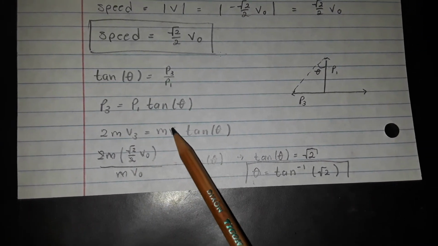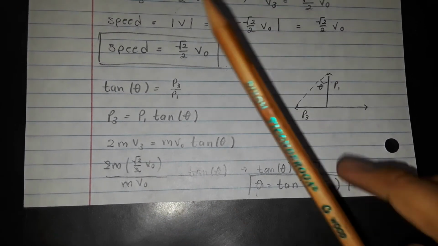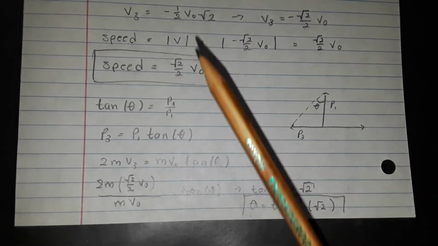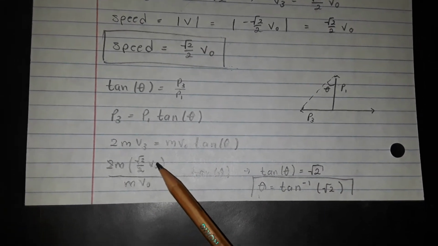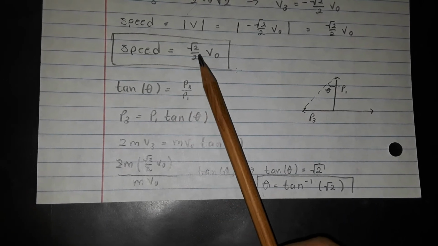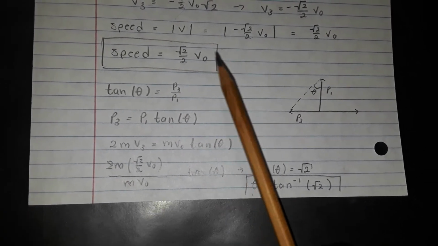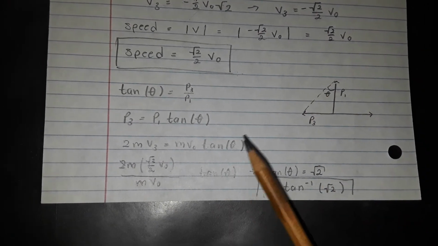We divide these, and we know from our previous part that the velocity of this guy is the square root of 2 divided by 2 times our initial velocity for the other two pieces.